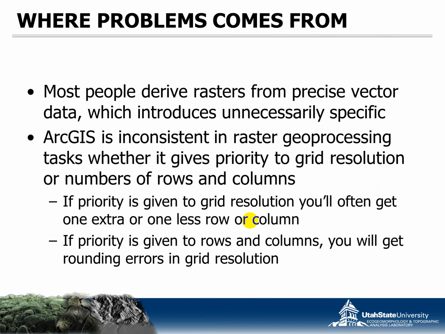And so where these problems come from is that most people derive rasters from precise vector data sets, so points, polygons, and they use that data, especially in the case of topographic data, to derive some sort of surface that ultimately gets converted to a raster.